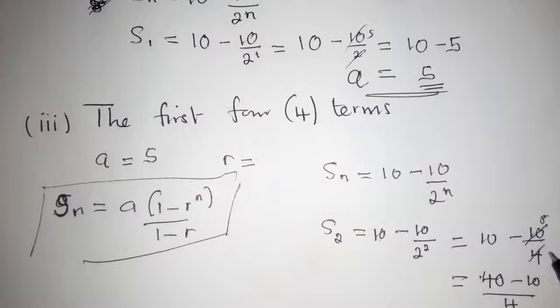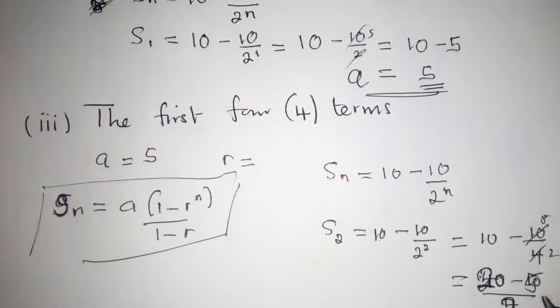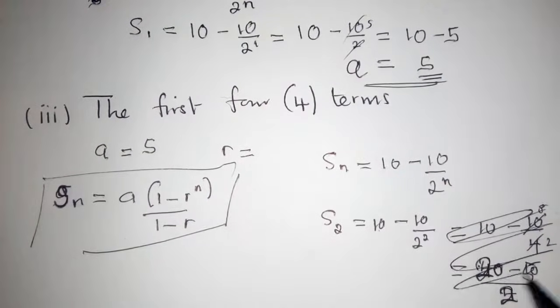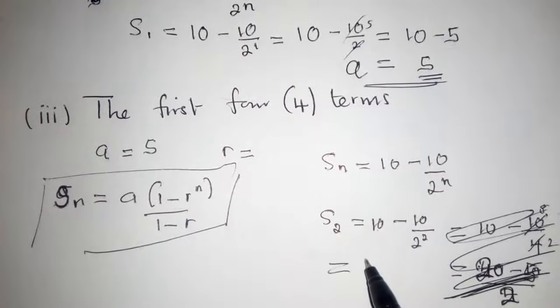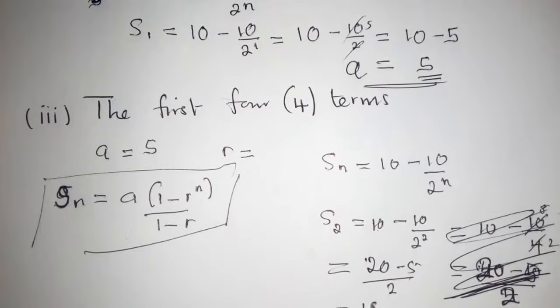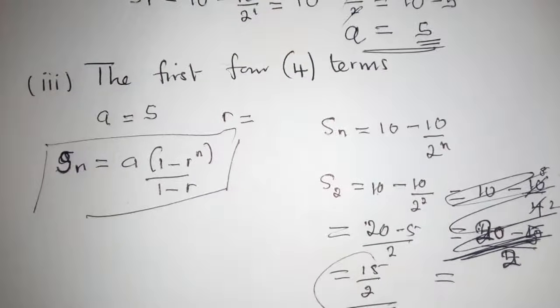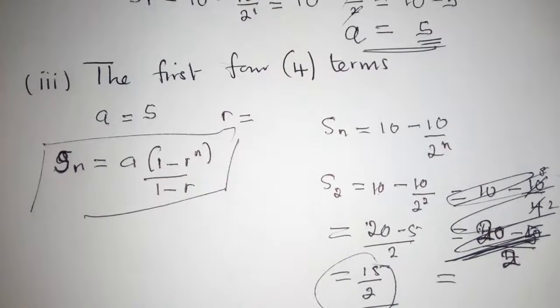This will be 5 and this will be 2, so that you remain with 20 over 2. When you do your calculations nicely, you find 20 minus 5 over 2, and then it will be equal to 15 over 2. This is the sum of 2 terms.